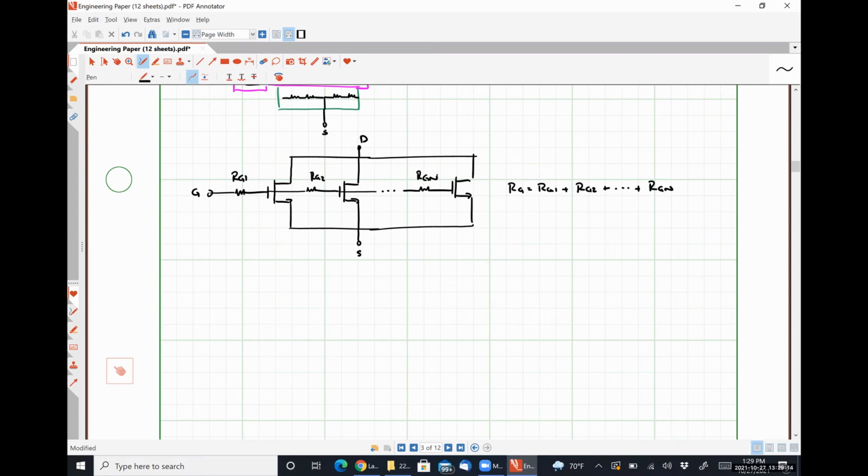So the transistors on the left-hand side of this network see the noise only caused by a small fraction of RG. But over on the right-hand side, they see practically all of RG. So our noise is distributed across this thing.